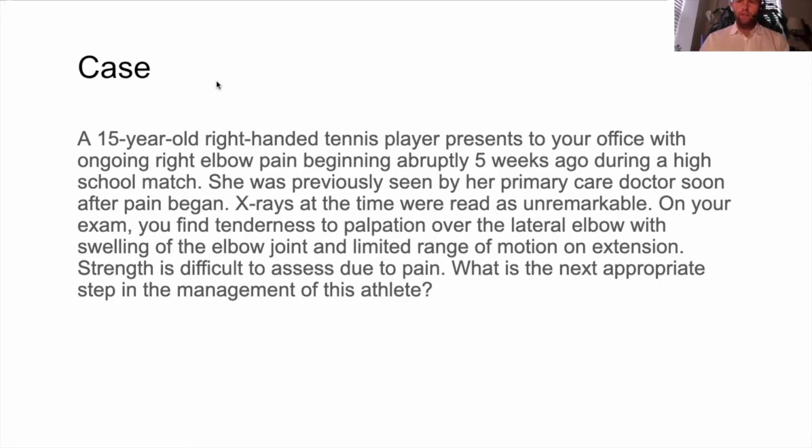Now, a 15-year-old is certainly still potentially in the age range to have Panner's disease, but check out our other video for further discussion on that. But what bothers me is that she's old enough where you would expect the ossification centers to have pretty much fused at this point.